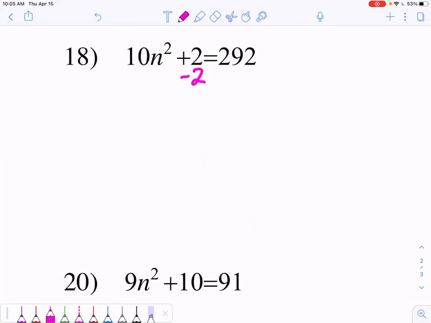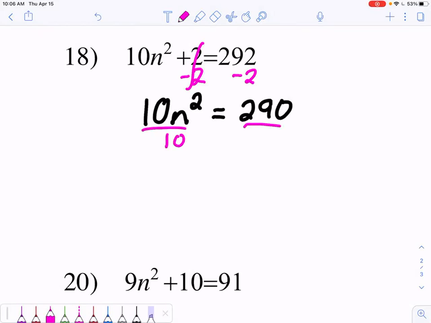Opposite of plus 2 is? Good, so you're going to subtract 2 first. When you do so, you get 10 n squared equals 290. And then now what do you do, Phil? When you divide by 10, these zeros cross off, so you get n squared equals 29.